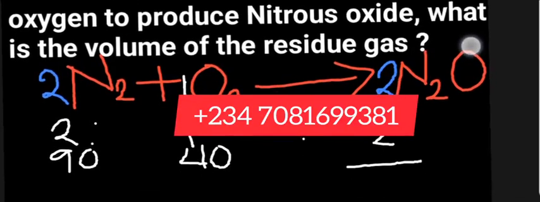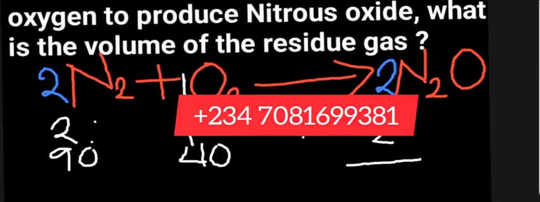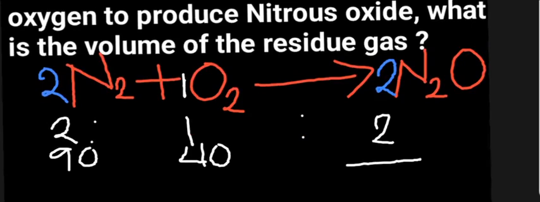Next, we look at the reacting volume, which I want to call the required volume, because that will make more sense. In your book, they call it the reacting volume.